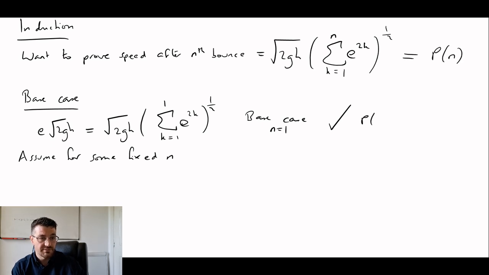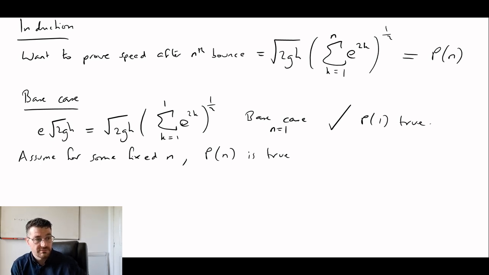So here we've got, for example, that P1 is true. Assume for some fixed n, Pn is true. Okay, so now I just do my suvat. So that's the speed after the nth bounce.